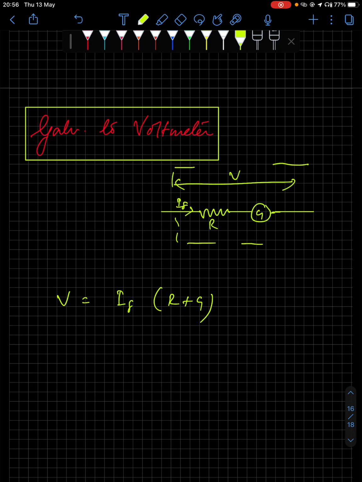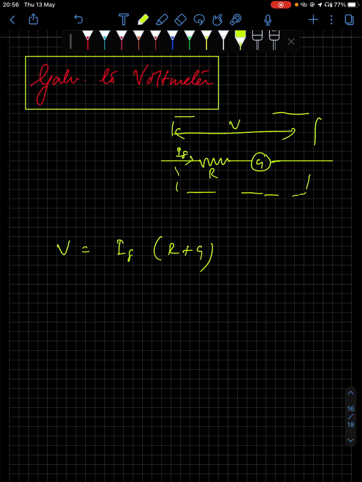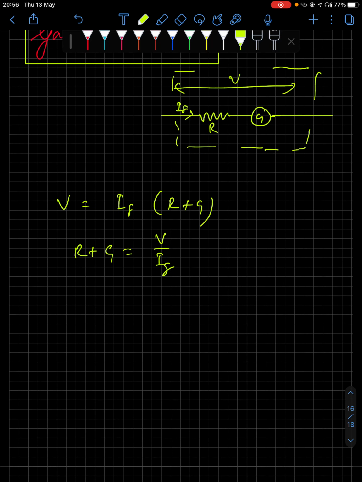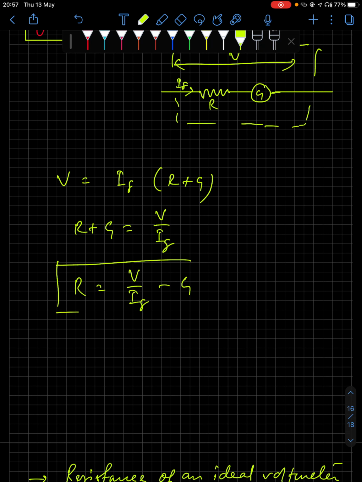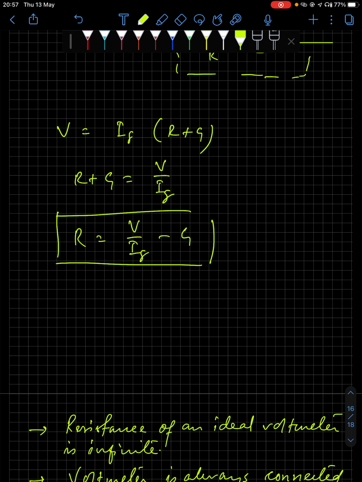So this setup is the voltmeter now. We can write R plus G equals V by Ig, and R equals V by Ig minus G. This is the value of the high resistance that you will put in the circuit.